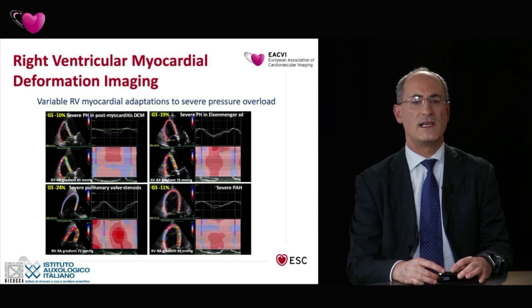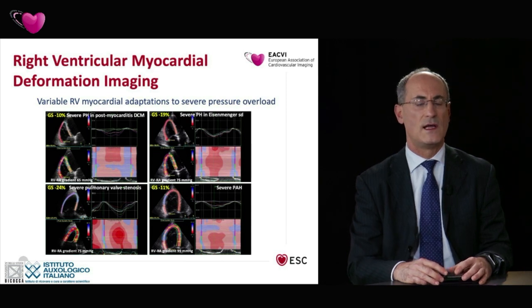As you can see in these quite complex slides, there are 4 different patients. All of them have pulmonary hypertension. The first, the upper left, is pulmonary hypertension in a dilated cardiomyopathy, and you see that this affects the function of the right ventricle. The global strain is severely reduced.